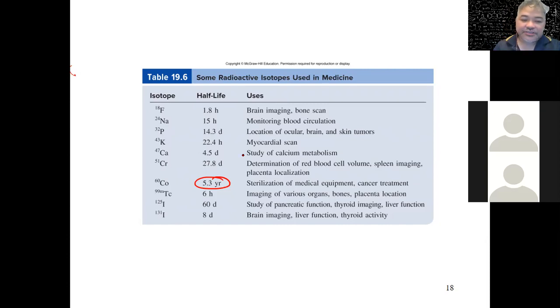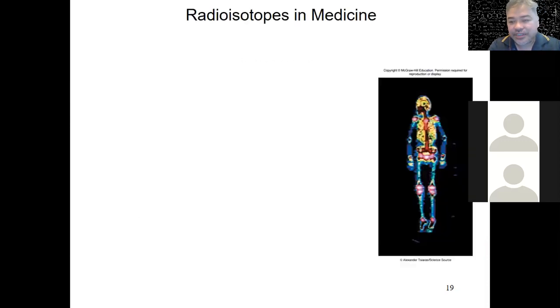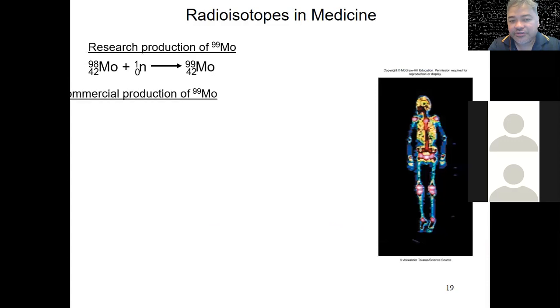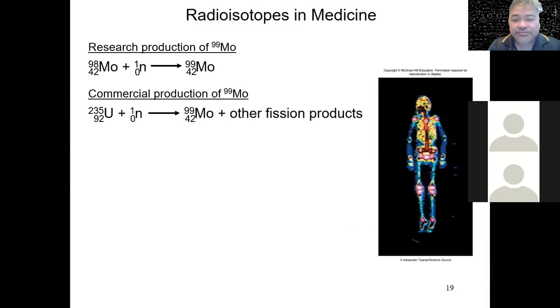Person experience this one: iodine-131 lasts for 8 days, or the half-life is 8 days. So my wife used it for her thyroid. And the others are being used in almost all general applications in medicine. So it's a very good imaging material.